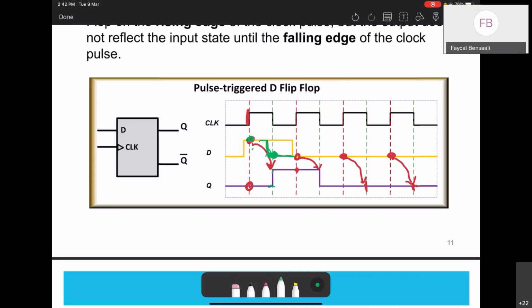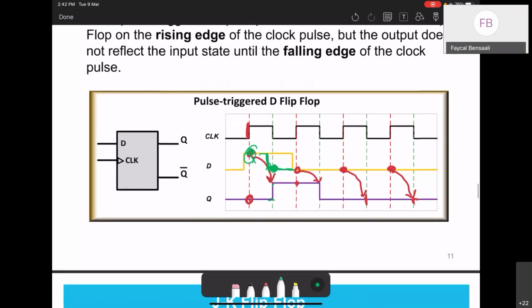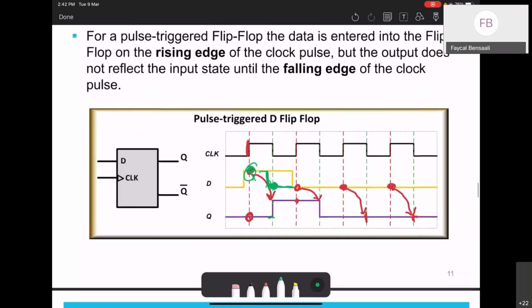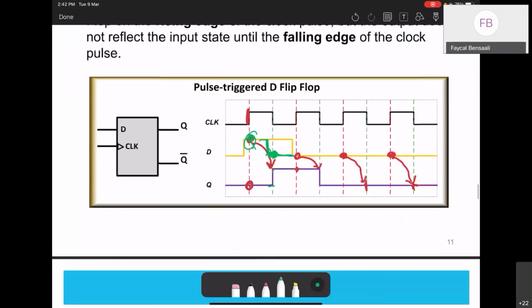Q is equal to the value that we read on the rising edge. And this is how a pulse-triggered flip-flop works. We use both the rising edge and the falling edge. Is this clear?